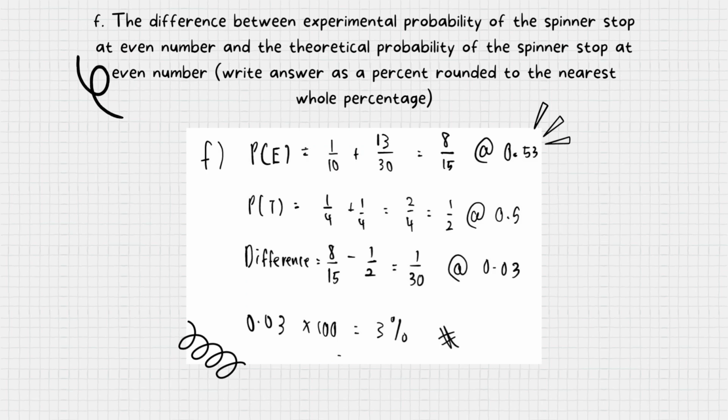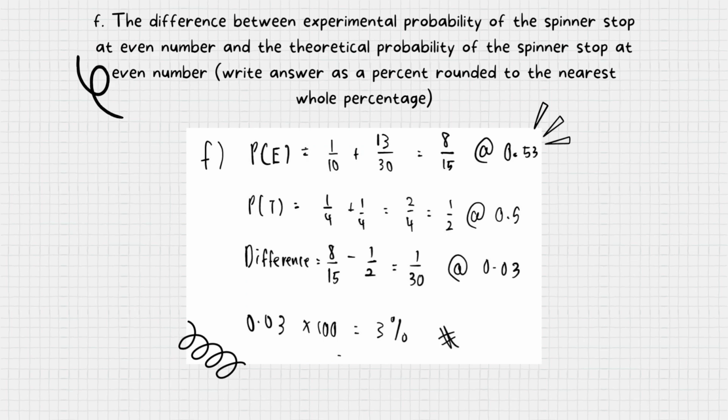Since for even numbers we only have two numbers, which are 2 and 4, we sum up both probabilities. For the spinner stopping at number 2, the probability is 1 over 10, while for number 4 it is 13 over 30. When we add both probabilities, we get 8 over 15, or in decimal, 0.53.